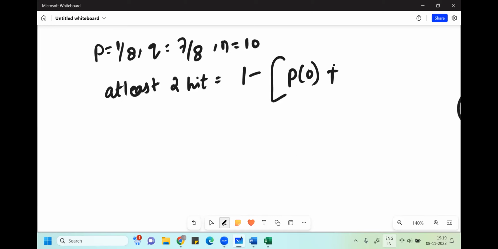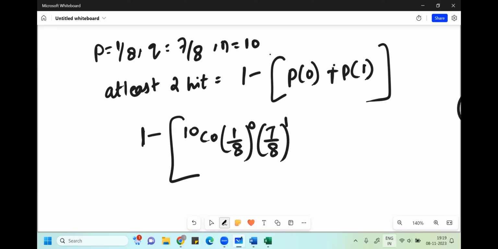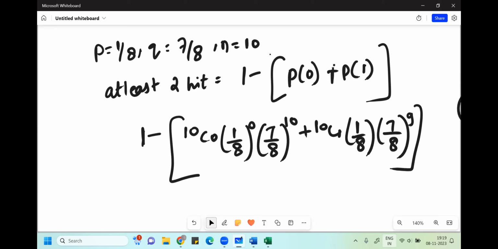Instead, do 1 minus the probability of 0 and 1: 10C0 into 1 by 8 to the power 0 into 7 by 8 to the power 10, plus 10C1 into 1 by 8 to the power 1 into 7 by 8 to the power 9. Can you understand this? It is very important.